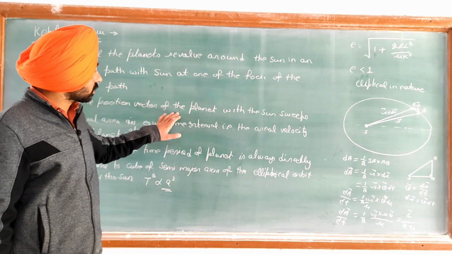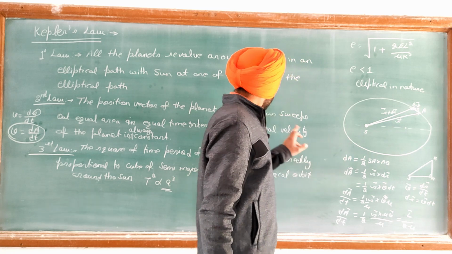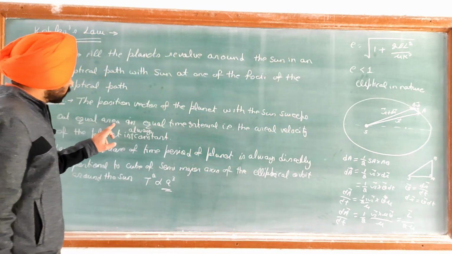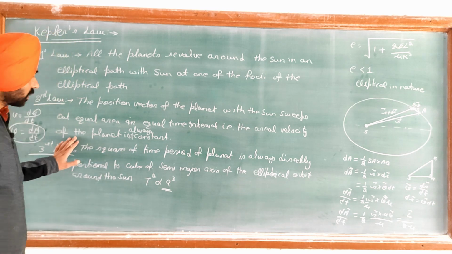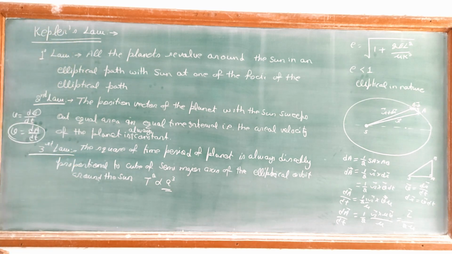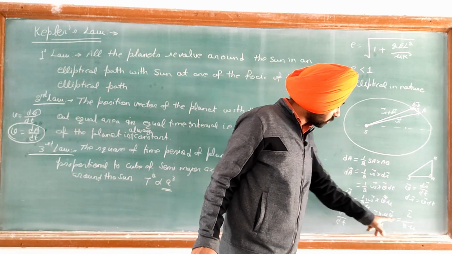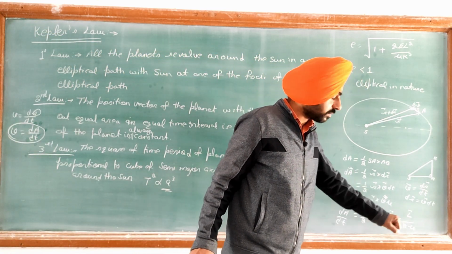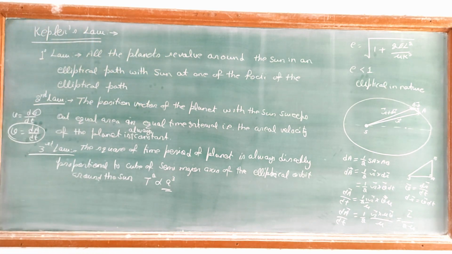That was the statement of the second law. The position vector of the planet with the sun, that means this vector r, sweeps out equal area in equal time intervals, that is, the areal velocity of the planet is always constant, or you can say that the area covered per unit time dA upon dt is constant, because L, 2 and mu, all these three terms are constant in our expression.